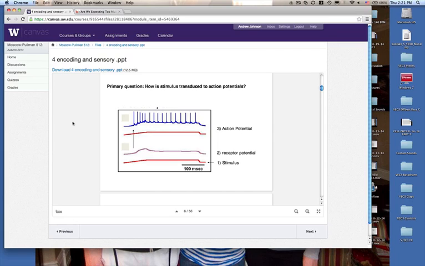Now this stimulus is going to cause something called a receptor potential. A receptor potential, as you'll see written out on the next slide, is a local graded change in ion conductance, and that's represented here. This would be deflection from resting membrane potential.